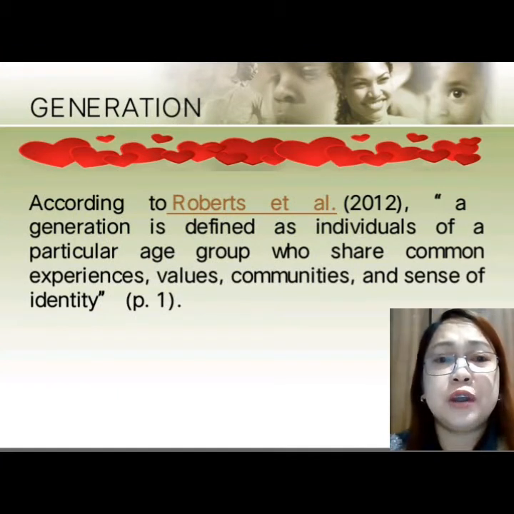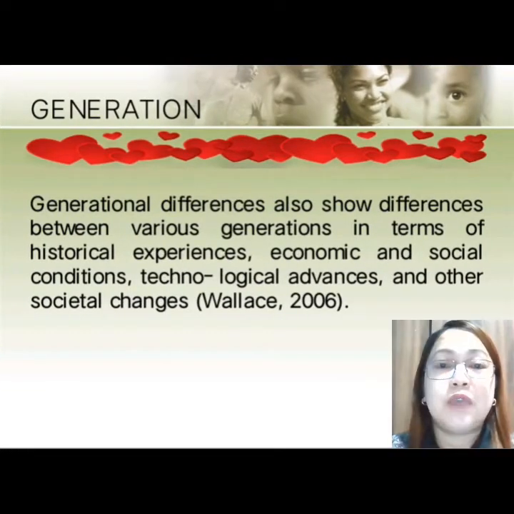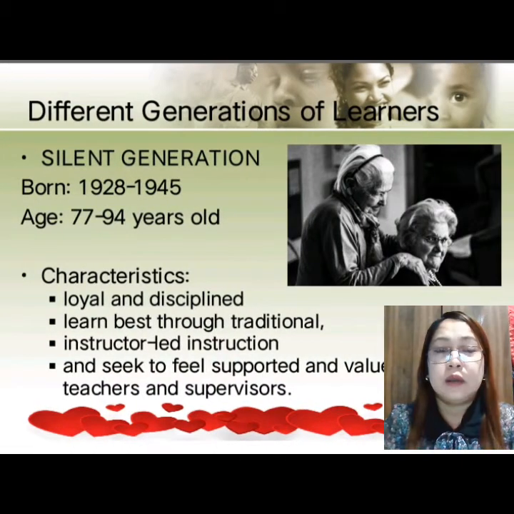A generation is defined as individuals of a particular age group who share common experiences, values, communities, and sense of identity. Generational differences also show differences between various generations in terms of historical experiences, economic and social conditions, technological advances, and other societal changes.